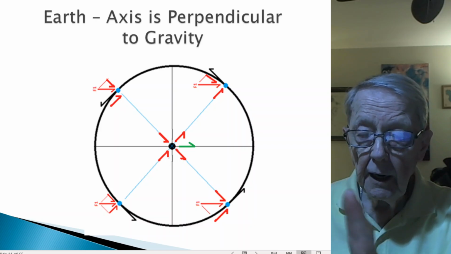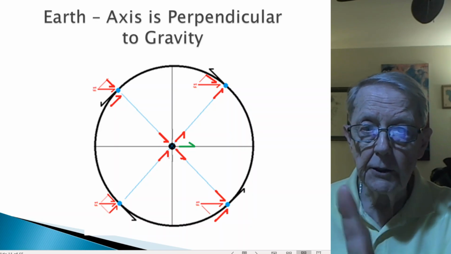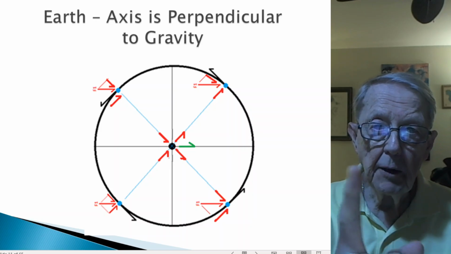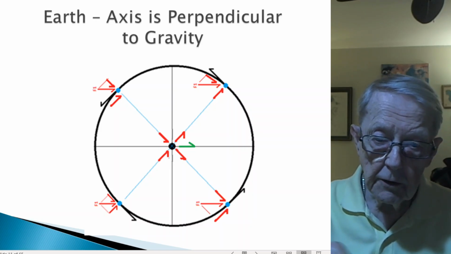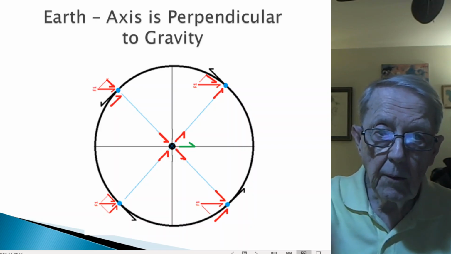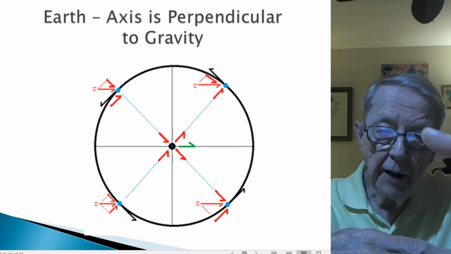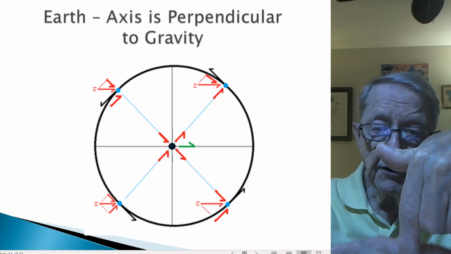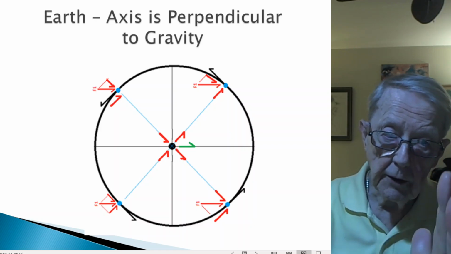If it's spinning counterclockwise, it'll precess counterclockwise. That's what I'm doing from my perspective. And as it falls down, it'll spin counterclockwise, even when it's horizontal, even when the gravity is perpendicular to the axis.